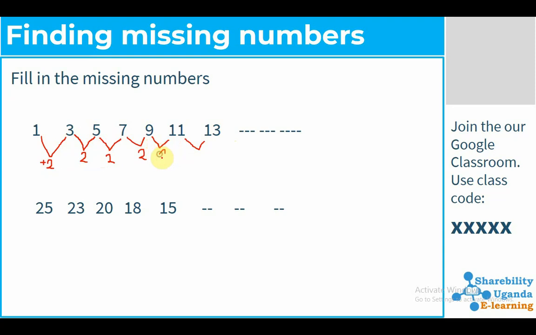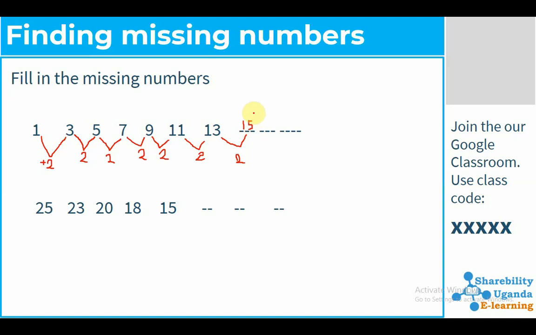So that means here we have a 2, here we also have a 2, then here we are going to have our 2. We added a 2 to 9 to get 11. We added a 2 to 11 to get 13. Then here we are going to add a 2 plus 13. What is 2 plus 13? Who knows the answer?